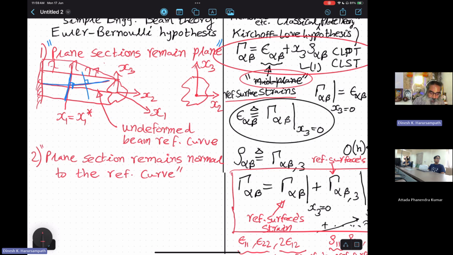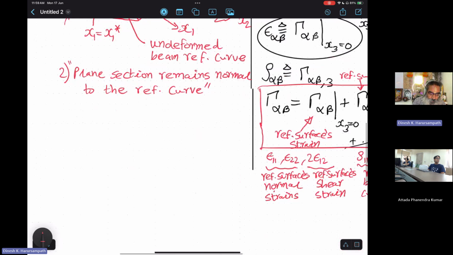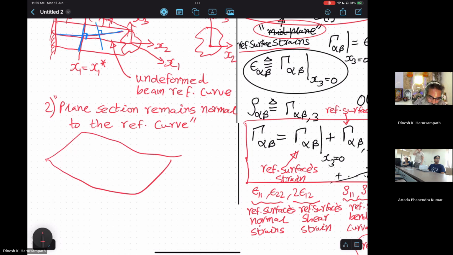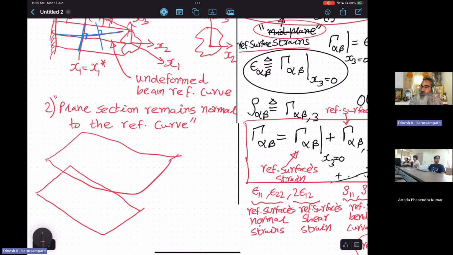If you were to just sketch that, what it looks like is that the original plate that was there has gone on to become a surface like this, essentially because of the loads that are applied.